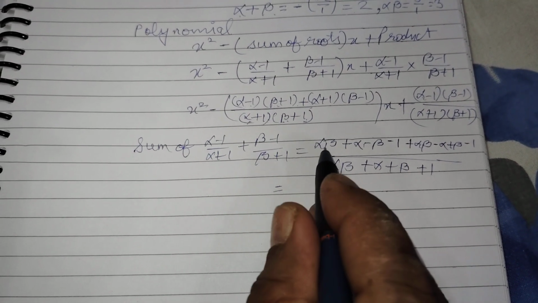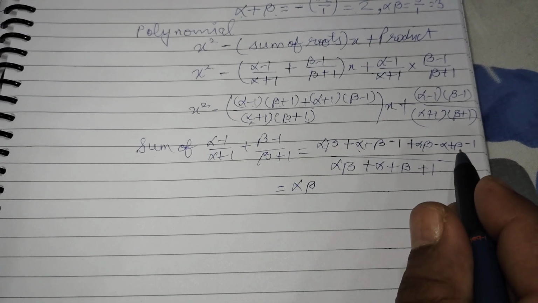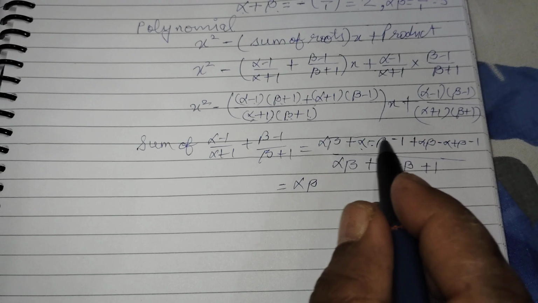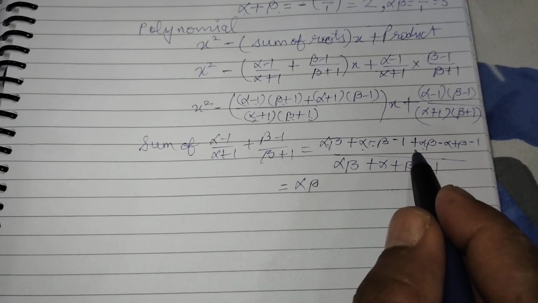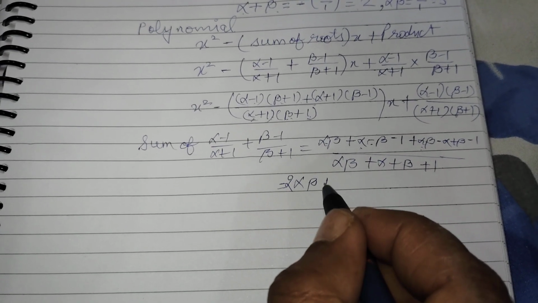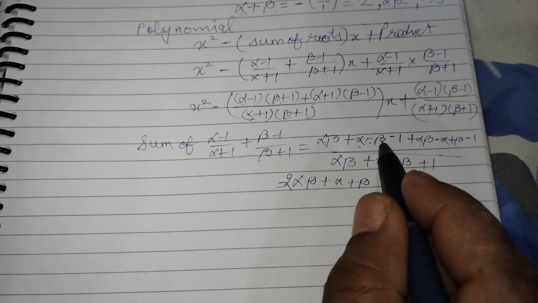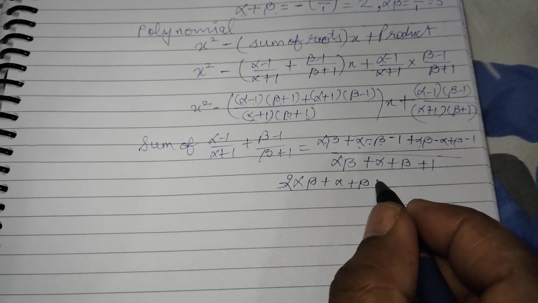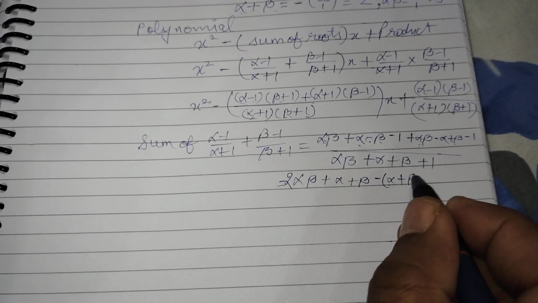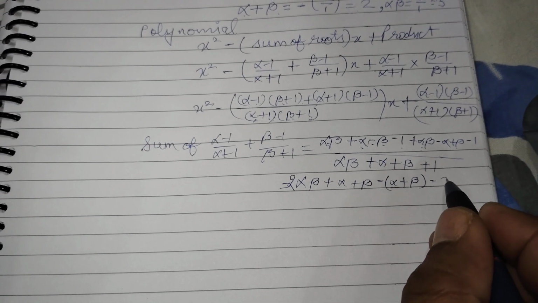So here we get alpha beta twice, so it becomes 2 alpha beta. Alpha and minus alpha cancel, and beta and minus beta cancel, and minus 1 minus 1 becomes minus 2.